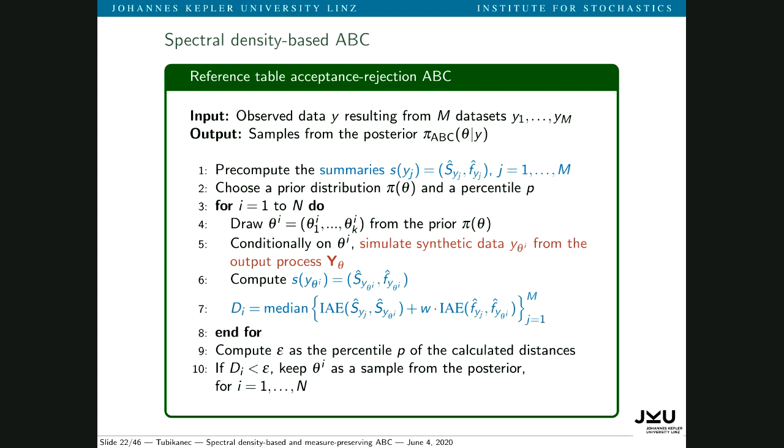And we computed in the beginning the summaries, so the density and spectral density of all the M observed paths. And then within the ABC procedure, we compute the distance to all of them and then finally return the median as a global distance.